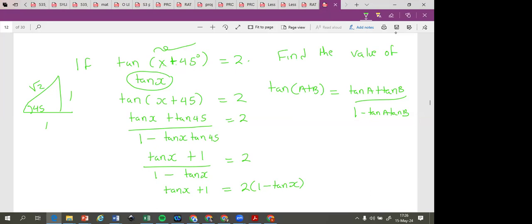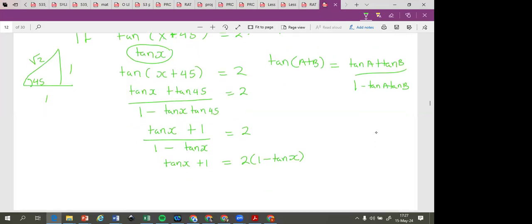So our task is to find the value of tan x alone. Are you getting it? So our task is to find tan x only. When you cross multiply, you get this.